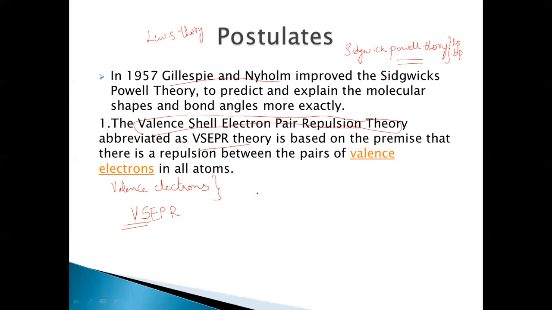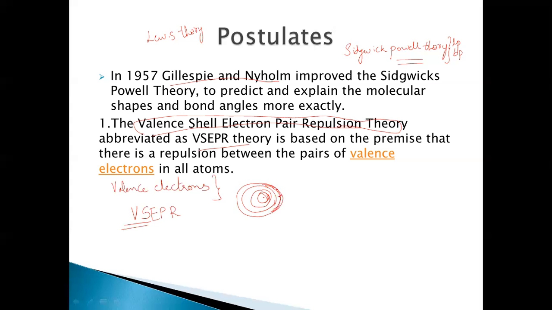We know that there is a nucleus in the center of an atom and there are shells around it which are filled with electrons, right? Now this theory is all about the electrons present in the outermost shell.